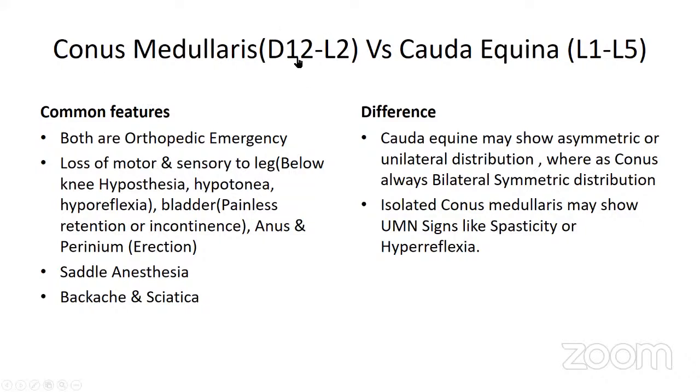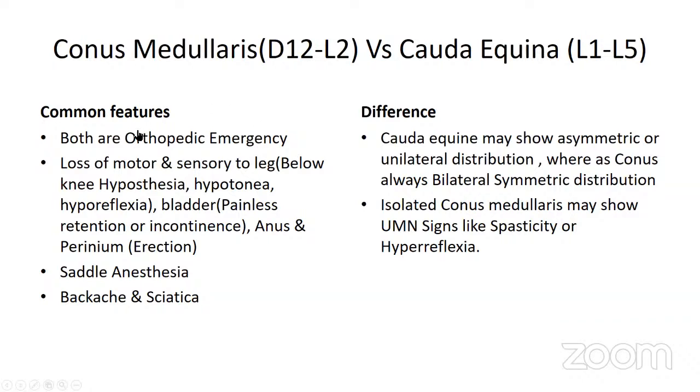Conus medullaris is basically the lower part of the spinal cord, which carries D12, L1 and L2. Whereas the cauda equina is a bunch of roots, a bunch of peripheral nerves below the level of the L1 vertebra. So it contains the nerves of L1 to L5 spinal nerves, most importantly L3, L4, L5.